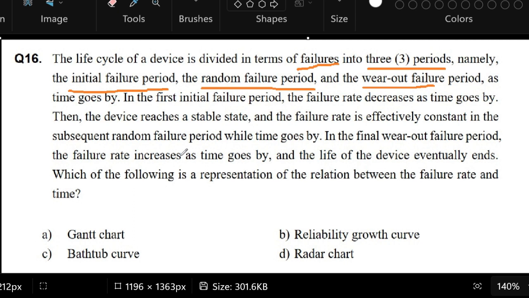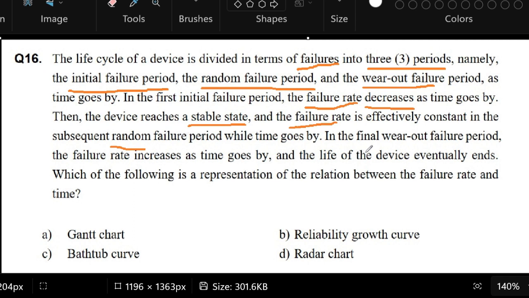For the first initial failure, the rate of failure decreases, and then the second one is a much more stable state, where the failure rate is effectively constant, and it's random. It doesn't increase, doesn't decrease, it's pretty much in a stable state.